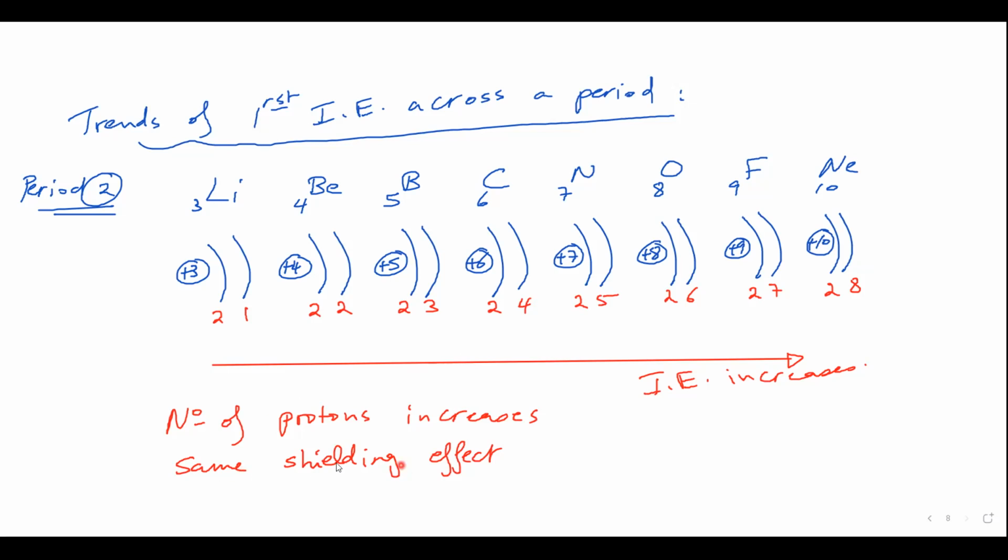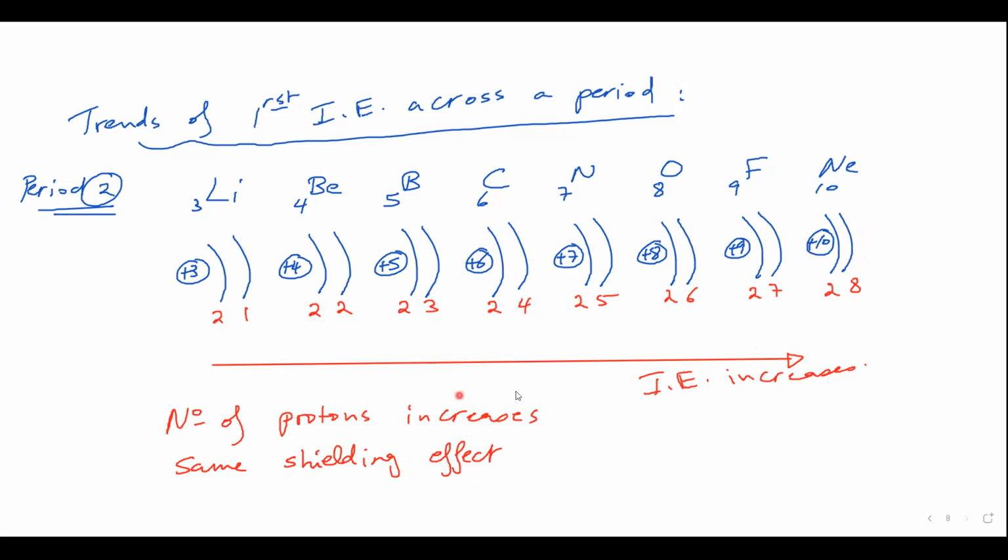So they all have the same shielding effect. They only have one shell containing 2 electrons that shield the effect of the positive nucleus from the outer electron to be removed. So the attraction force increases as we go across the period. The attraction force between the positive nucleus and the outer electron increases. And since the attraction force increases, it will require more energy to remove the outermost electron.